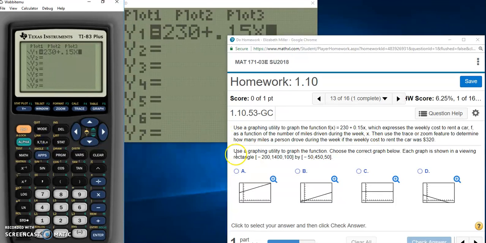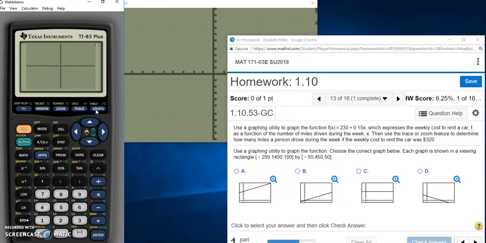Okay, and then we can look at it. Now this is using a -10 to +10 standard window, which is why it's not showing me anything. It says, using graphing utility, each graph is shown in this viewing rectangle here.